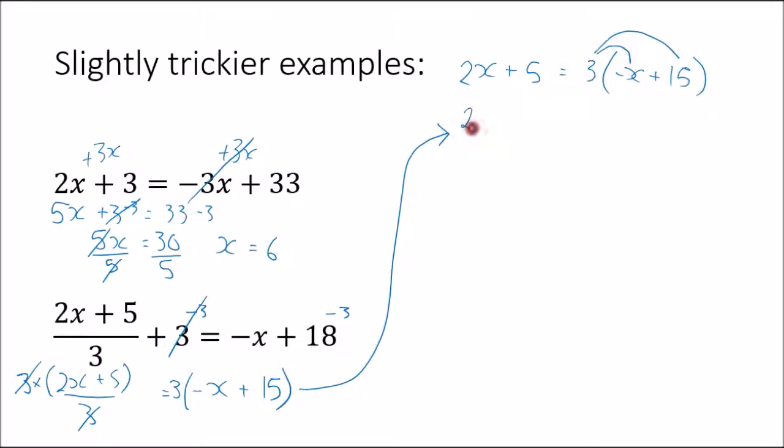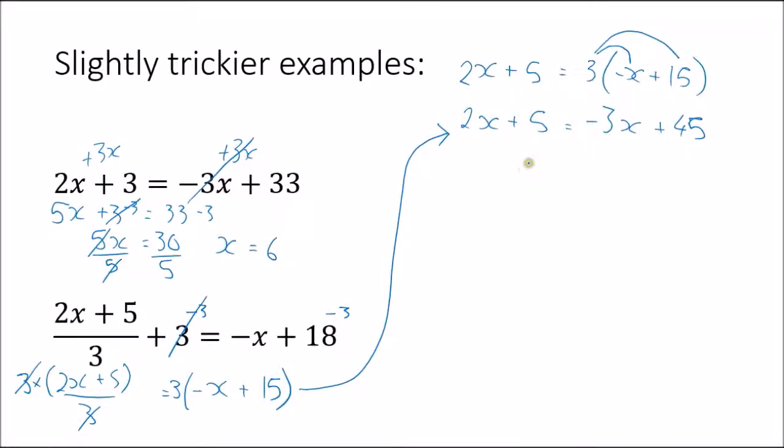So my left side of the equation at the moment is unchanged. 3 times minus x, remember your directed numbers, it's a positive times a negative, so we're going to get minus 3x. 3 times 15 is plus 45. Now it looks like one of these examples up here. So it's gone from being something quite tricky to something fairly simple. And that's what happens when you're solving stuff like this. Every step you cancel something, every step things become simpler.